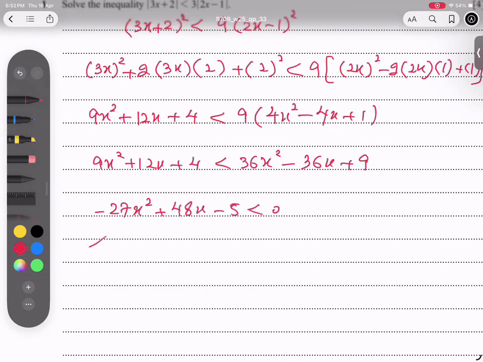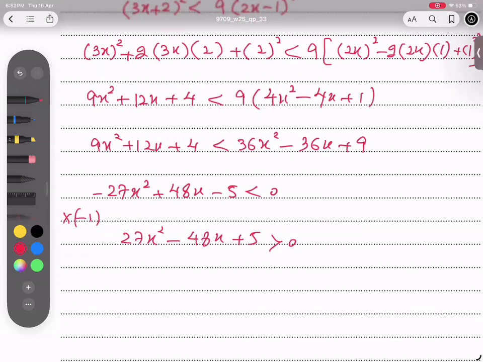And you know, we always make the first sign positive. So multiply by -1, so all signs become positive. I mean, all signs you change, and this inequality sign will convert. After this, we have to go for the quadratic formula.